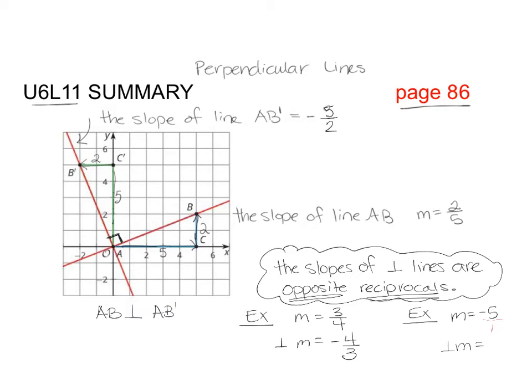And when I think about doing opposite reciprocal, then instead of being negative, it becomes the opposite. It becomes positive. So my slope would be +1/5. These are slopes that are opposite reciprocals. And you can see up above, my slope was -5/2 for my line AB prime. My slope was +2/5 for my line AB. Those are opposite reciprocals.